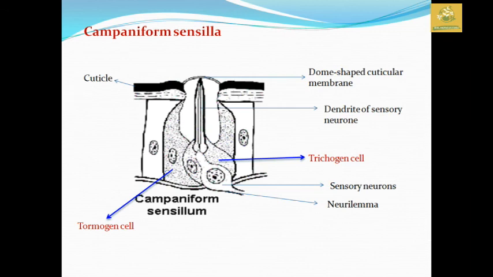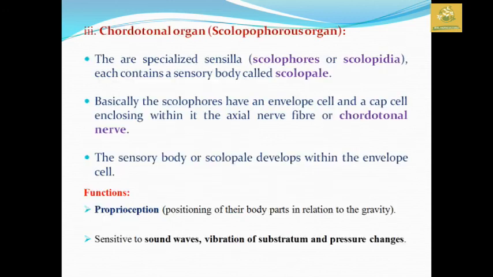You can see the structure in this picture of a campaniform sensilla, where you can see the cuticle as well as the dome-shaped cuticular membrane, as well as the dendrites of sensory neuron, surrounded by a trichogen cell, which is even surrounded by a tormogen cell, as in the first one, and also comprised of sensory neuron as well as the neurilemma.